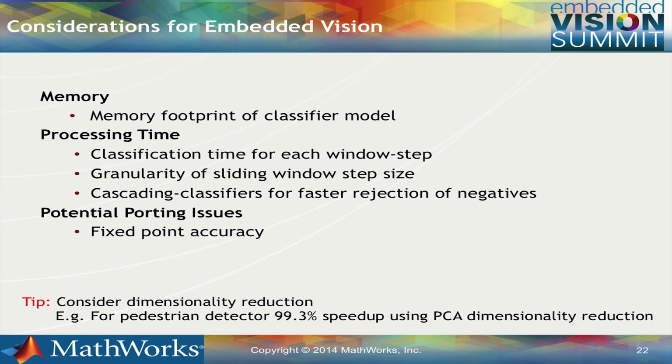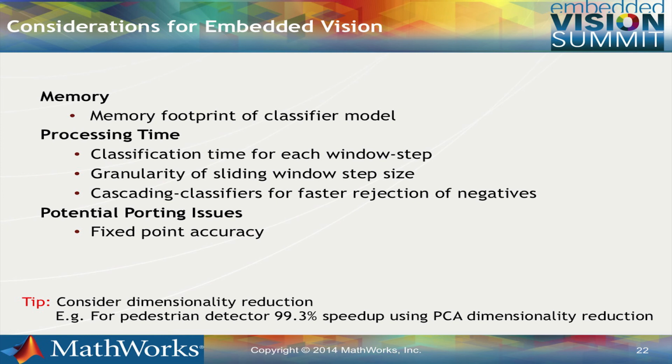So you do want to be aware of the sensitivity of not just your classifier, but your feature extractor to being converted to fixed point. And that could make a big difference. So you might end up choosing a simpler feature or a binary feature that works better when it's converted to fixed point than something that works really only well in floating point.